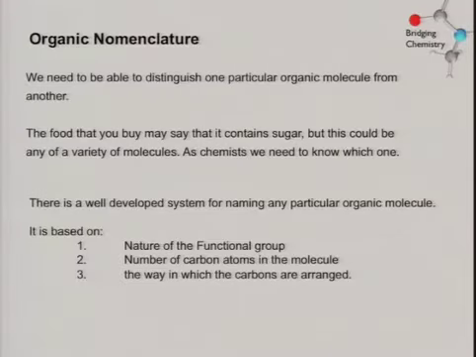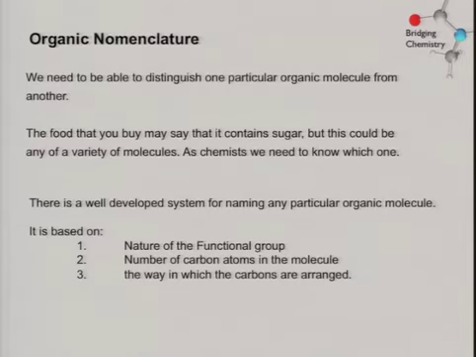What we're going to find, and this is outlined on the other side of your handout, so one side's got all those functional groups we talked about, and on the other side there's an outline of how you go about doing this naming. The naming is based on three parts. Any particular organic molecule that you come across, the name is going to be in three parts. Part of that name tells you what sort of functional group it's got.